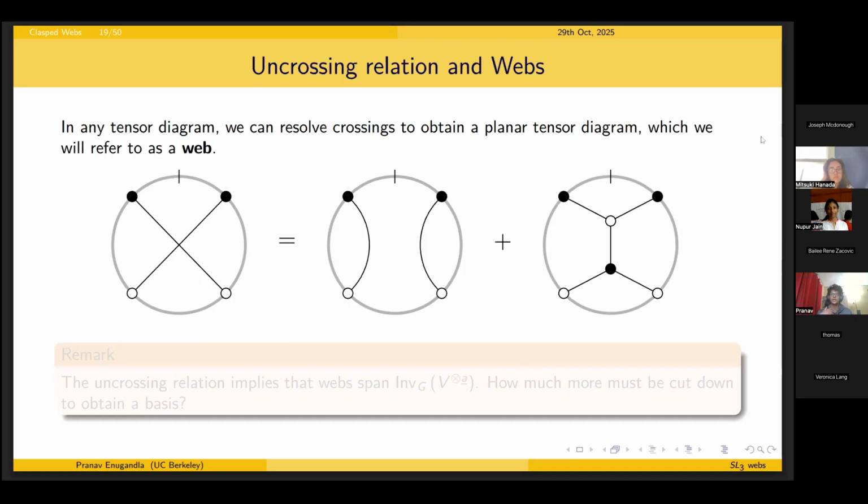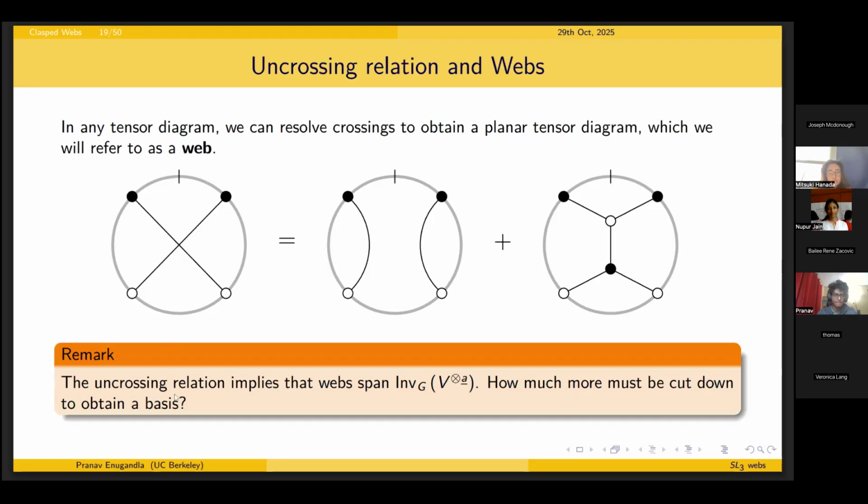So what you can do if I give you any old tensor diagram is you keep applying this rule to resolve all your crossings. And ultimately, you're going to get some linear combination of graphs, but all of them are going to be planar. So whenever I say web from now on, I just mean a planar tensor diagram, something without any crossings.